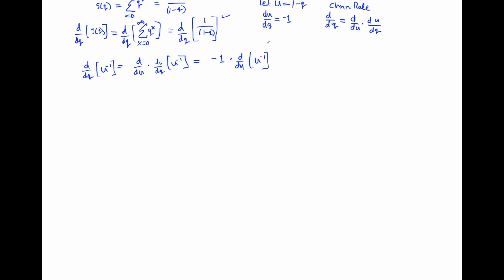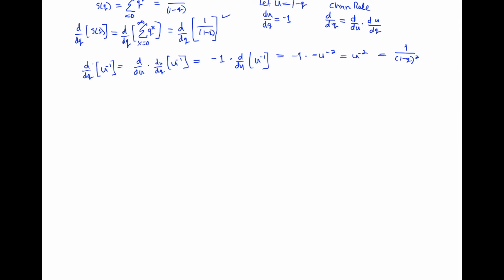That's nothing more than minus 1 times negative u to the minus 2 power. Well, minus 1 times something negative is just u to the minus 2 power. And we substitute back in for u, and that's equal to 1 over 1 minus q, quantity squared.